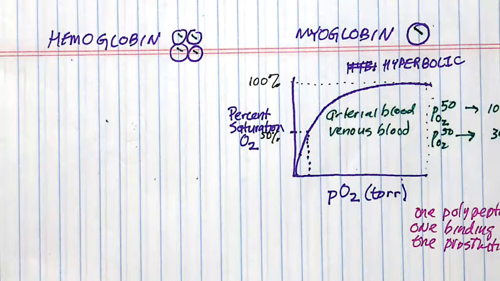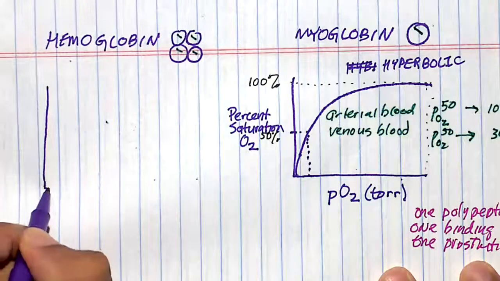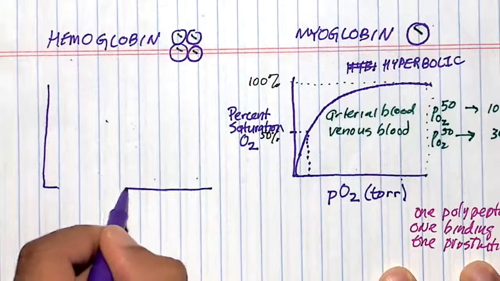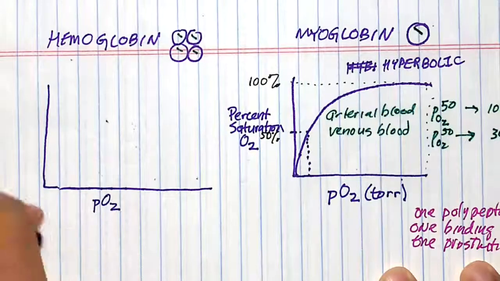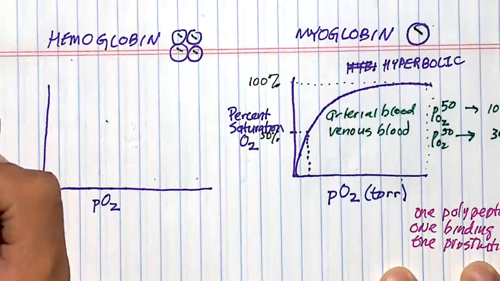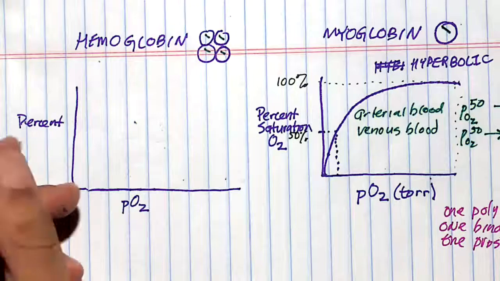So hemoglobin is a tetramer, alpha 1, beta 1, alpha 2, beta 2, quaternary structure, and one of the things that resulted from hemoglobin being a tetramer is that its oxygen binding kinetics are different. So we'll have the same graph.